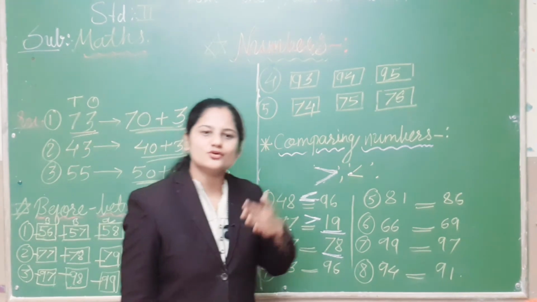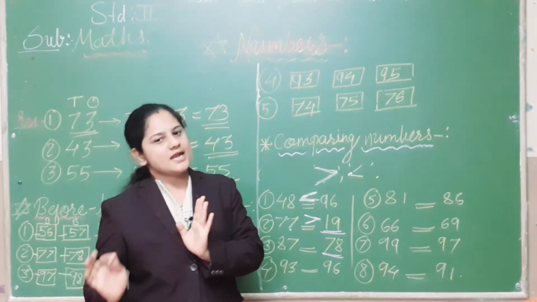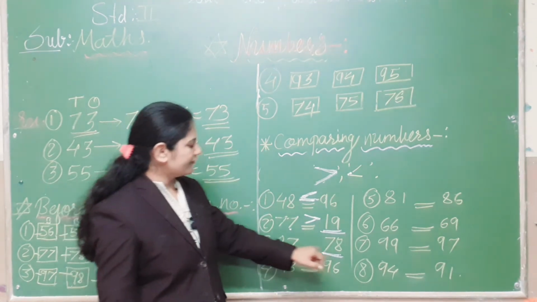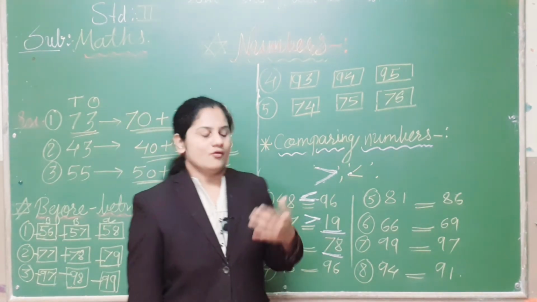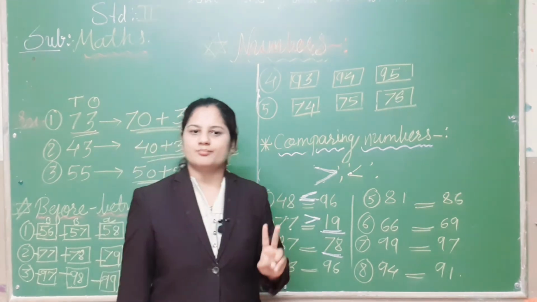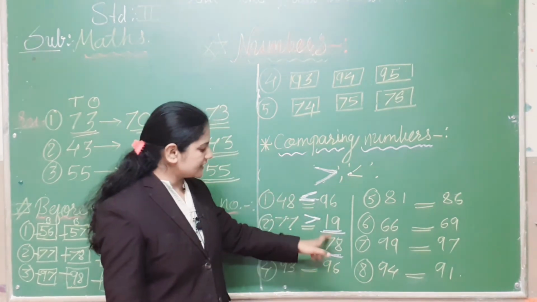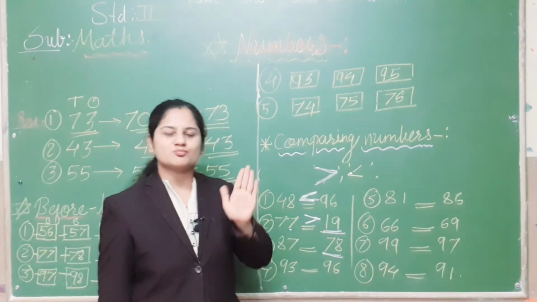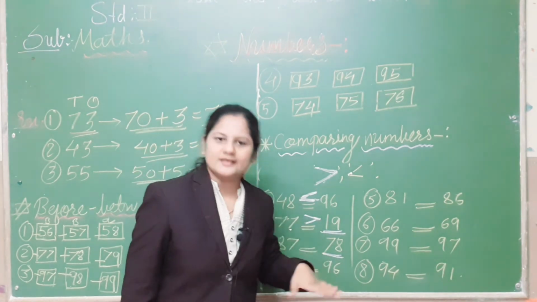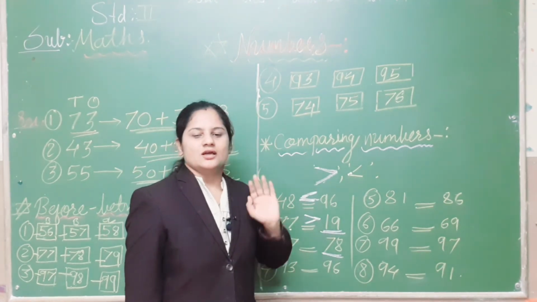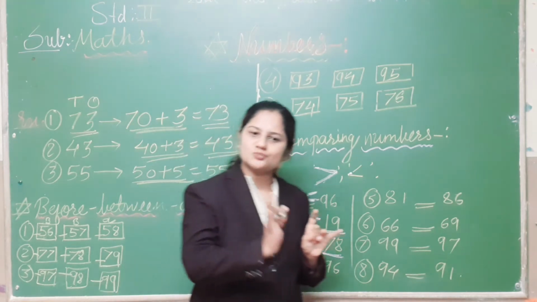When identifying the smaller number in the case of 2-digit numbers, observe the tens place number. If the tens place number is less, like 1, 2, 3, then that number is the smaller number.